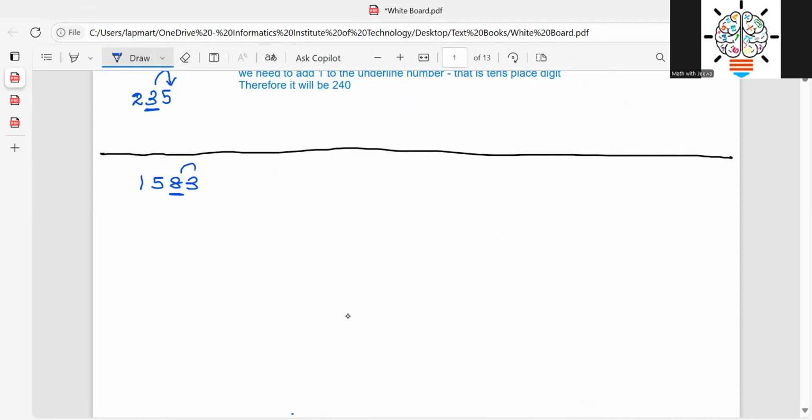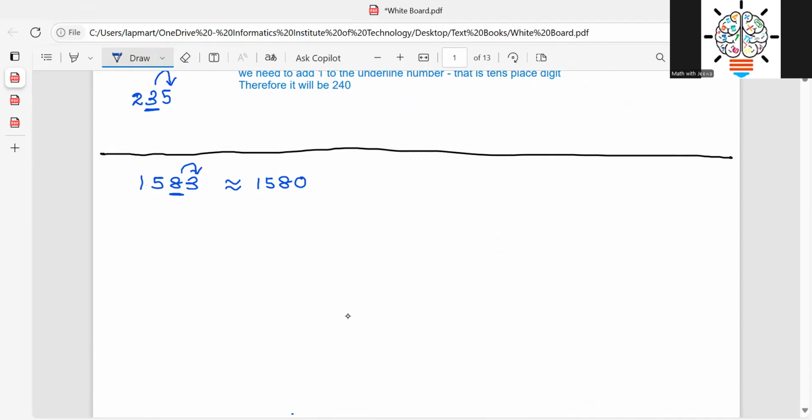Then you look at the next digit, right? And the next digit is less than 5. If it is less than 5, are we going to change anything? No, we don't change anything. We write this is approximately equal to 1580. We write 158 as it is. The last digit will be 0.